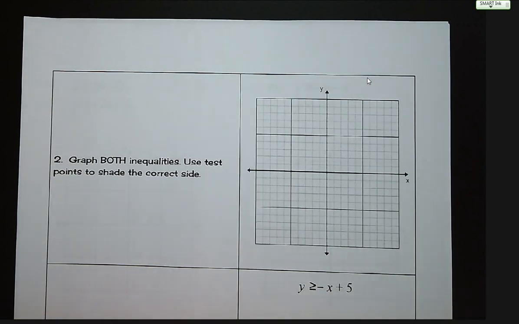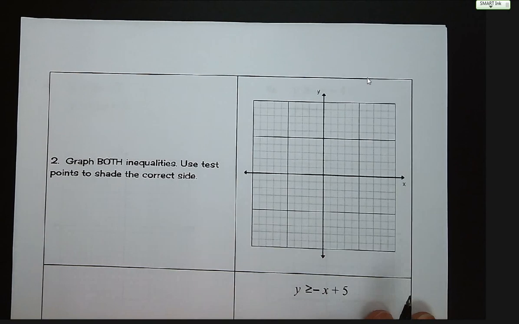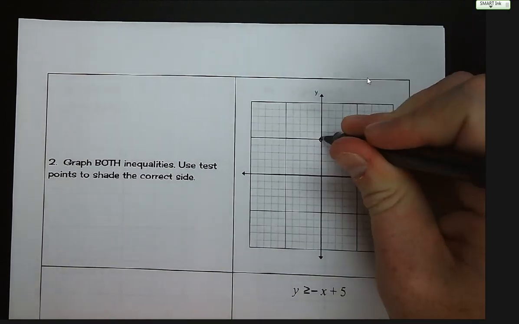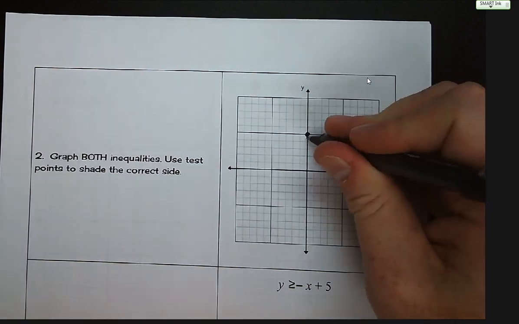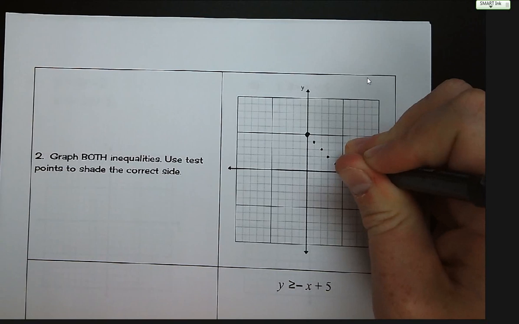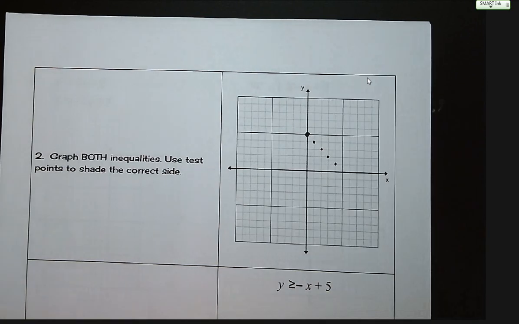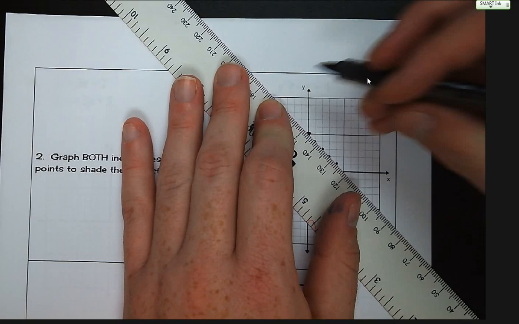So our first line we're going to graph, I'm going to use black again. So our y-intercept was +5, and our slope was -1. So we went down 1 and to the right 1 each time. All right, now I just need to use a straight edge and connect the dots on that line.